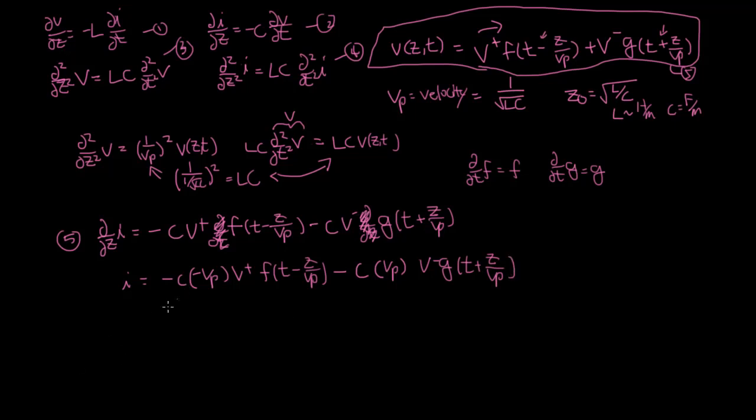And now this doesn't really mean very much, but if you use the fact that c Vp is going to be equal to, remember, Vp is the square root of L over C, so that's going to give you the square root of C over L, which is equal to 1 over Z naught.